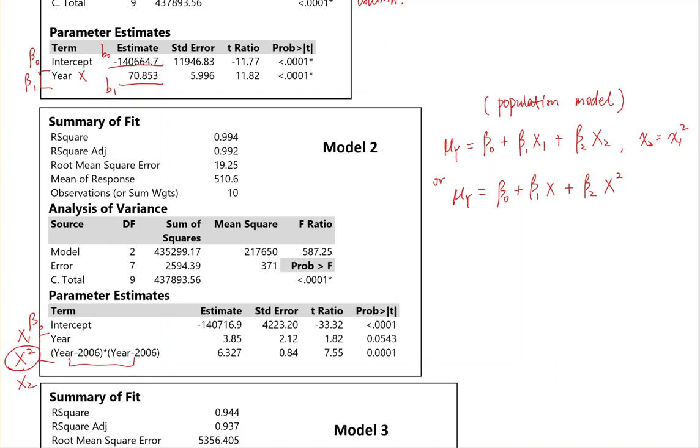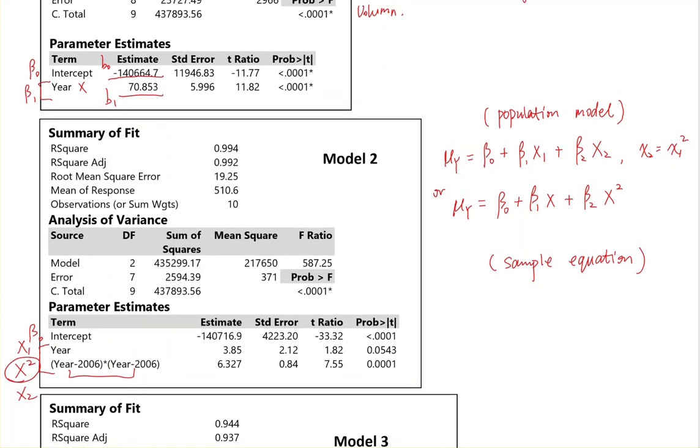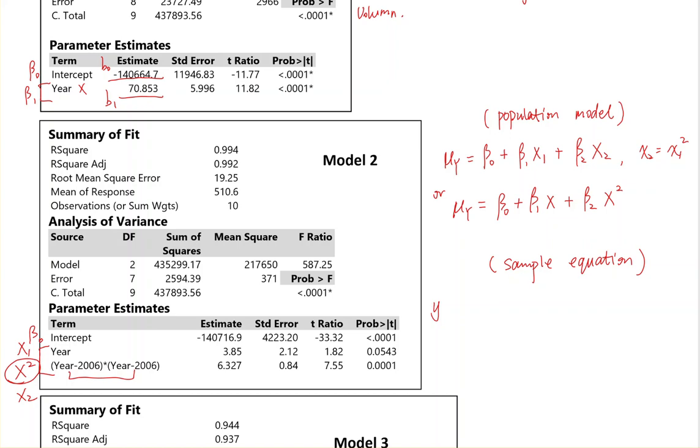And then next, based on the sample, we will have the sample regression equation, right? So we plug in the estimates for beta 0, beta 1, and beta 2. So what is the sample equation? It will be y hat, because we want to use this equation to make the prediction. So we will not focus on the mu of y anymore.